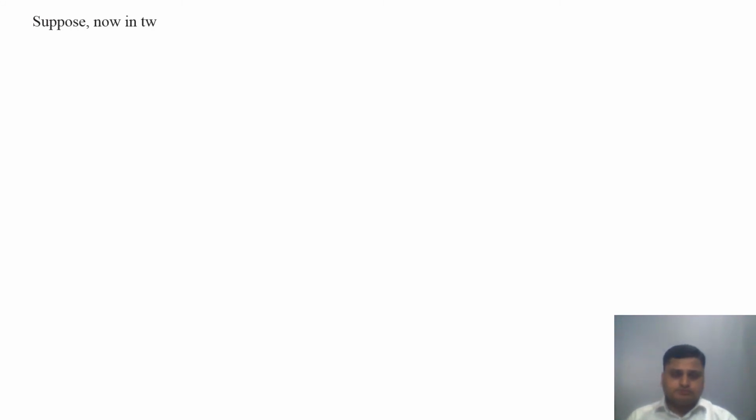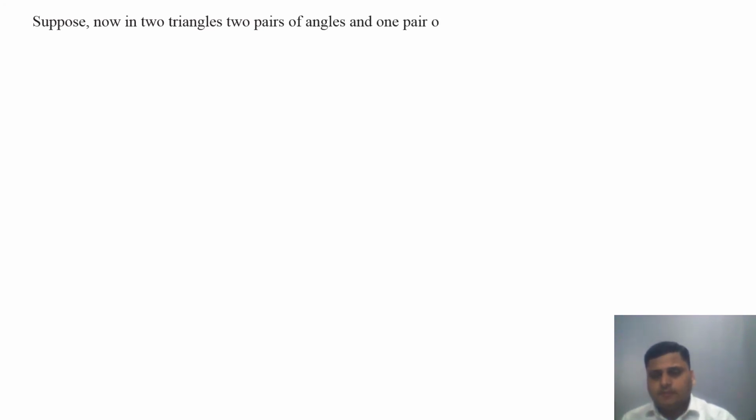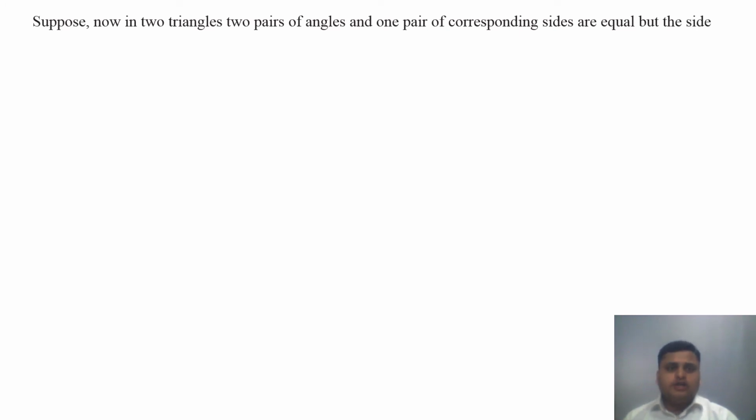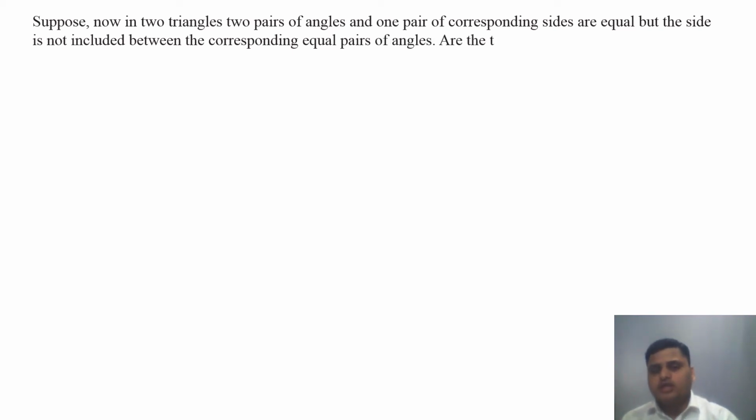Suppose now I take two triangles in which two pairs of angles and one pair of corresponding sides are equal, but the side is not included between the corresponding equal pairs of angles.